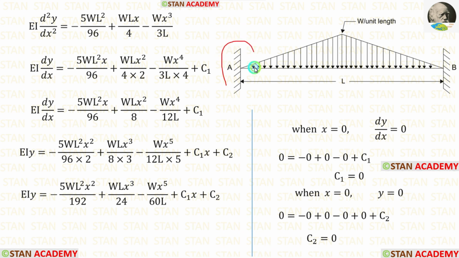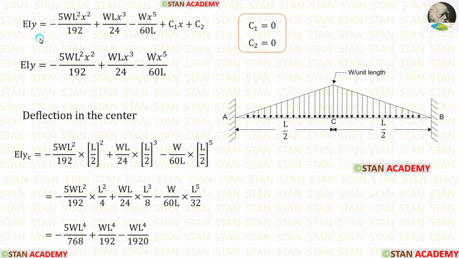In the fixed support, there will be no deflection. So when x is 0, y is 0. In this equation, let us apply C1 is 0, x is 0 and y is 0. When we do that, we are getting C2, which is also 0.